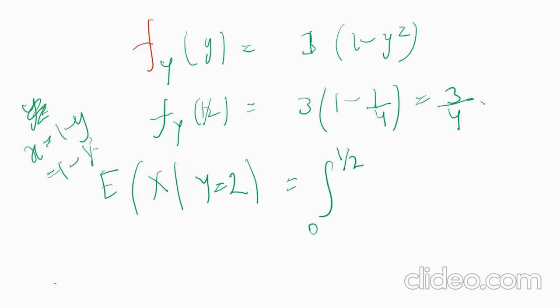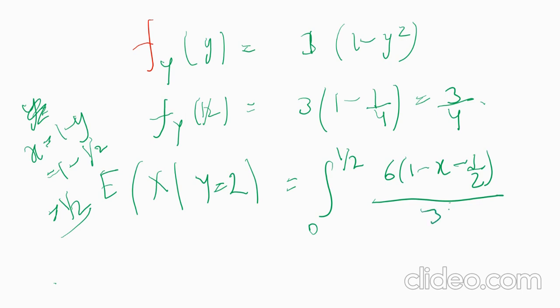So it will be 1 minus 1/2, which is 1/2. So the x limit will be 0 to 1/2, and in the upper portion we have 6(1 - x - y), and in the division we will have this. So it will be integrated over 0 to 1/2.